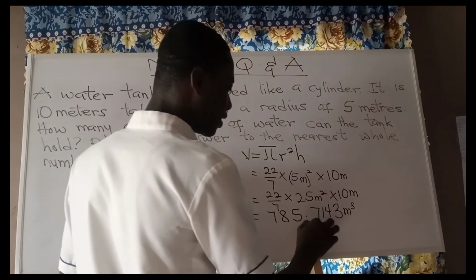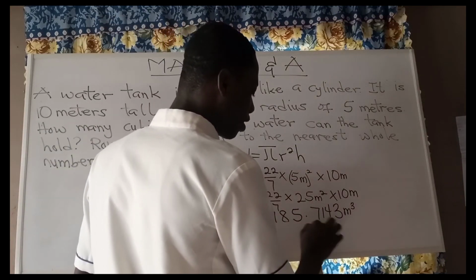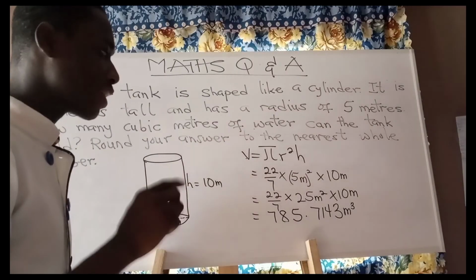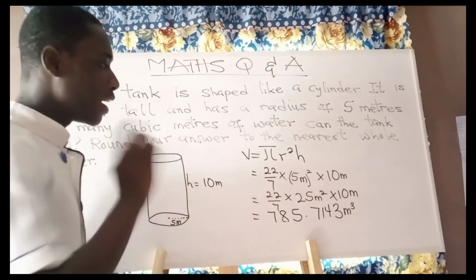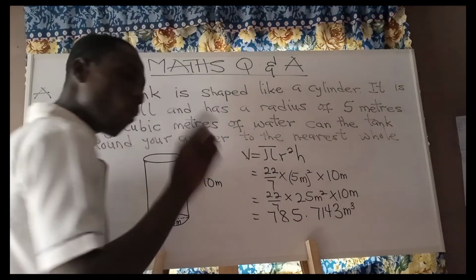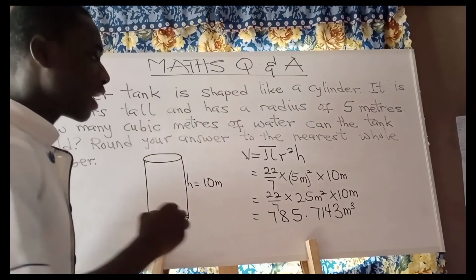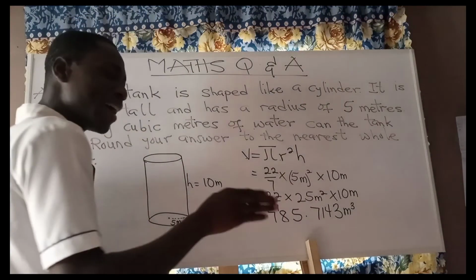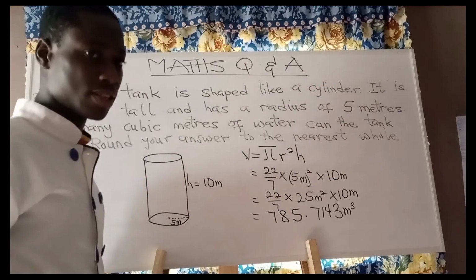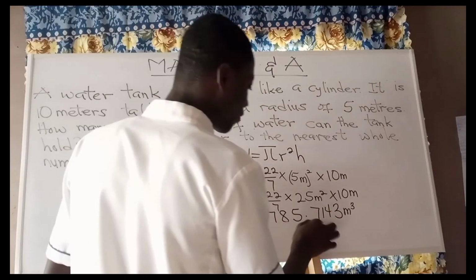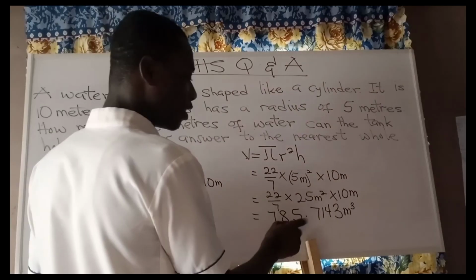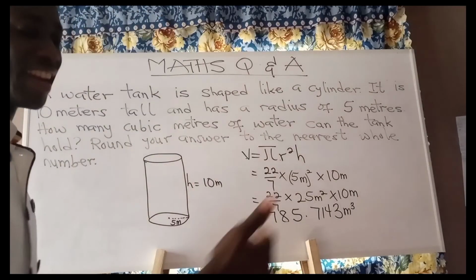So you see that the first number after the decimal point here is 7, and that 7 is more than 5. Anytime the number is more than 5 or equal to 5, we will add 1 to the whole number. But if the number is not up to 5, then we leave it. Okay, so you see that the 7 is more than 5, so it means we are going to add 1 to this one, making it the rounded answer.